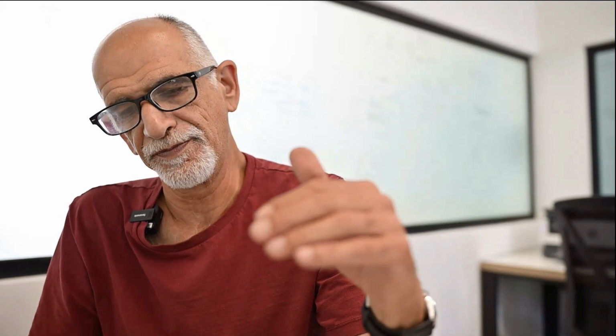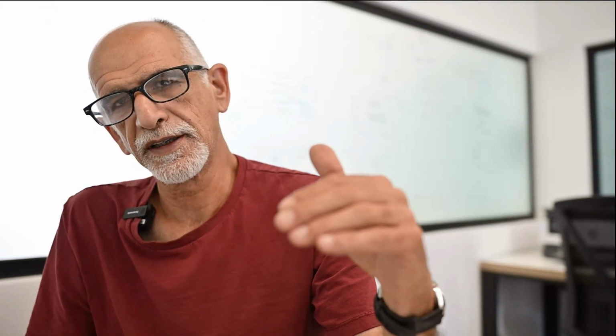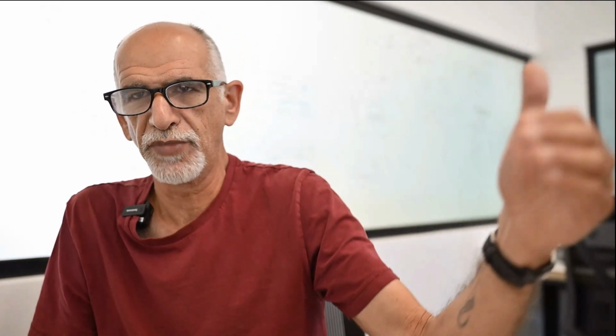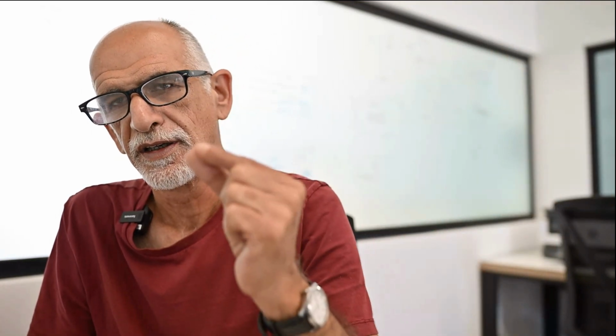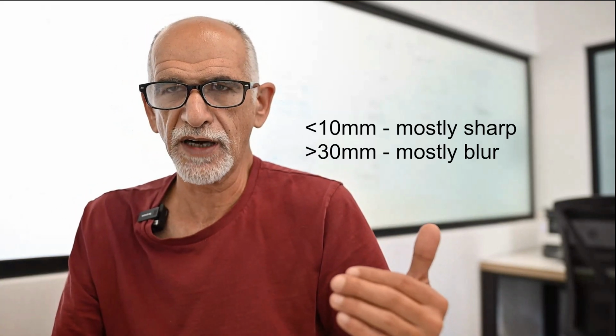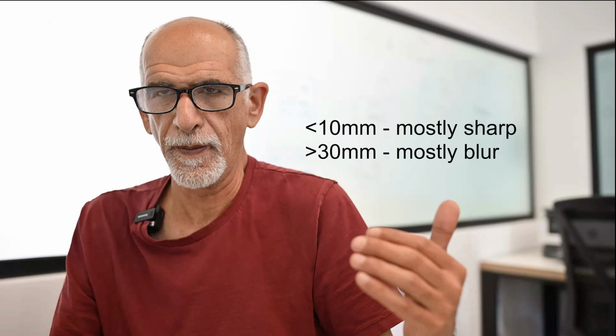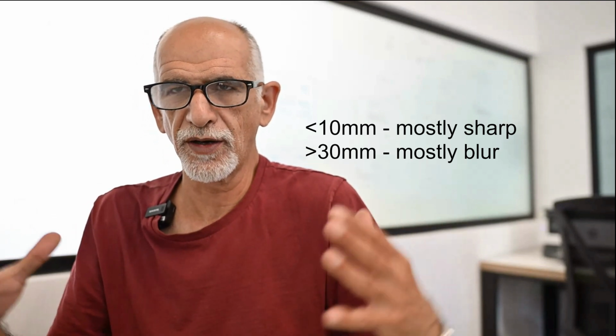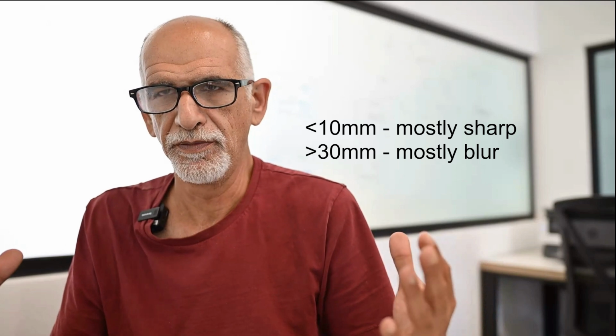And at 30 or 35 millimeters and beyond, you will get a thin depth of field where a lot of your background will appear very blurry without any detail.